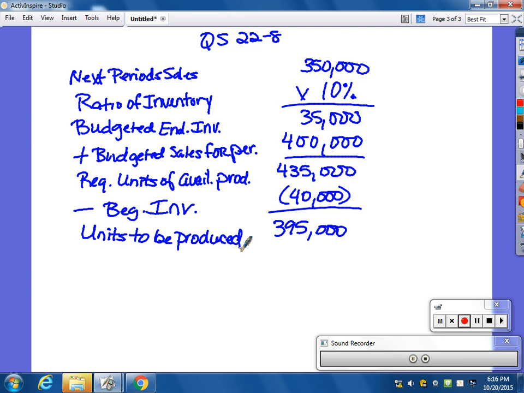And then it has a month. Let me rephrase it. Quick Study 22-8. What did we leave off with? 395. What's the label?